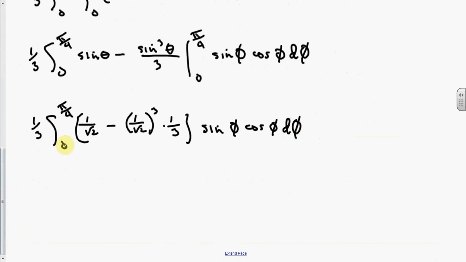Simplify that information. So this is 1/3 times the integral from 0 to pi over 4. This is 1 over the square root of 2 minus 1 over 2 times the square root of 2, times that 3, put a 6 there.